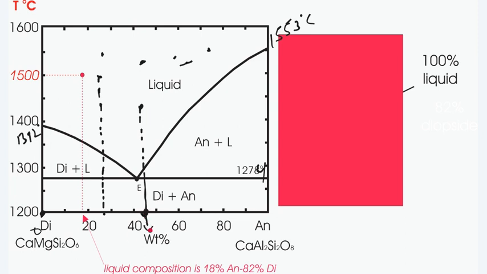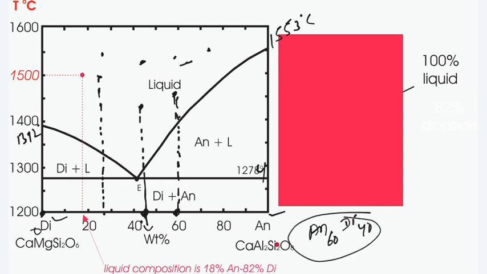It will give a composition, that is some amount of diopside and some amount of anorthite. Suppose if this is a point, you draw a vertical perpendicular to the abscissa. It will give that anorthite is 60%, diopside is 40%.